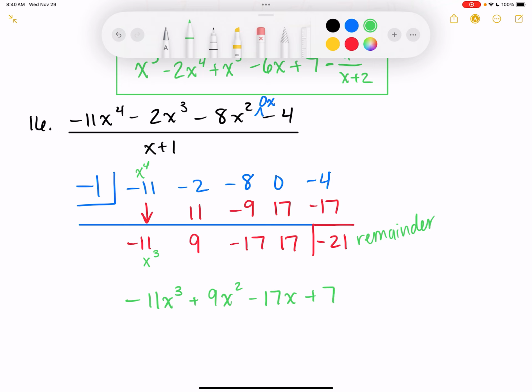And then we do minus 21 over this x plus 1. Any questions on those so far? All right.